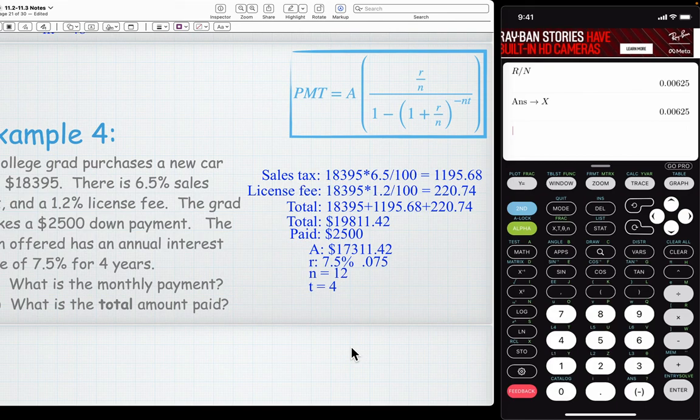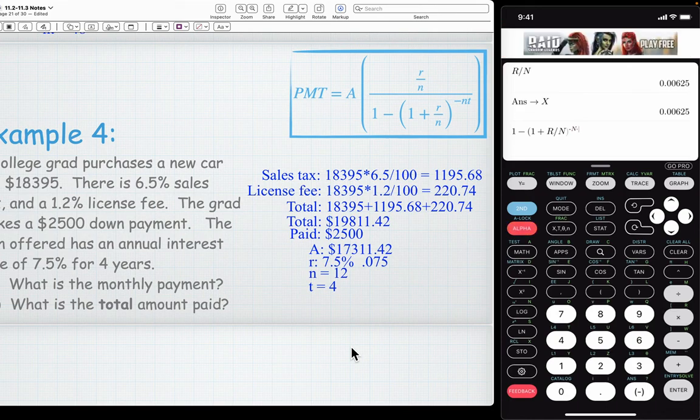Now in the bottom, I've got 1 minus, in parentheses, 1 plus R over N. And that needs to get raised to the negative N times T. And so I'm going to look this over again, make sure that that looks right. 1 minus 1 plus R over N raised to the negative NT.